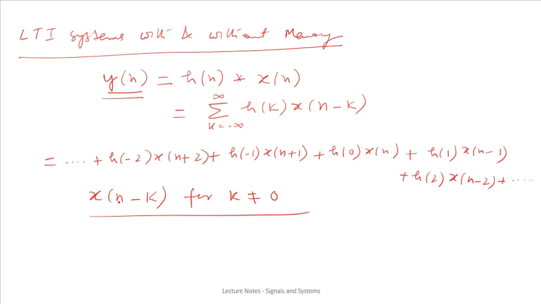If the value of k is not equal to 0, then y[n] cannot depend on x[n minus k]. That means if you look at this expression, except the term h0 x[n], all the other terms in this equation must be 0. So this implies that h[k] equals 0 for k not equal to 0.